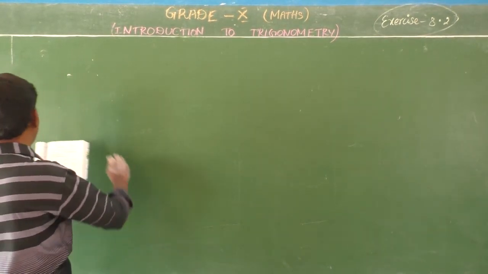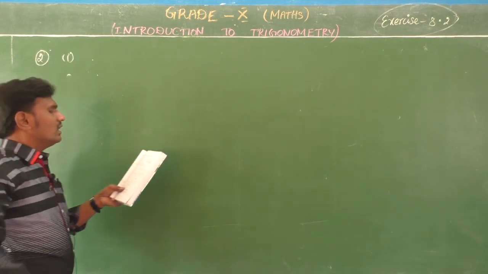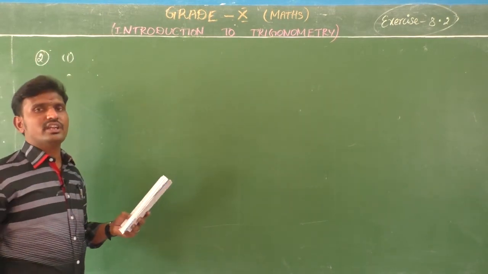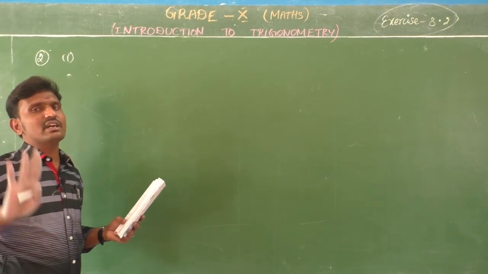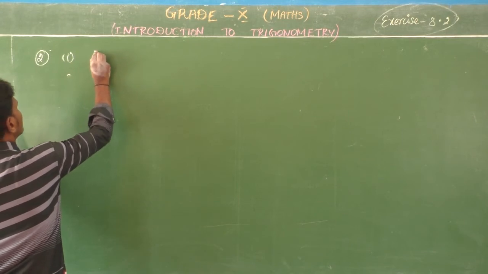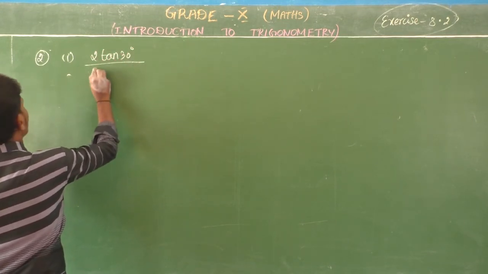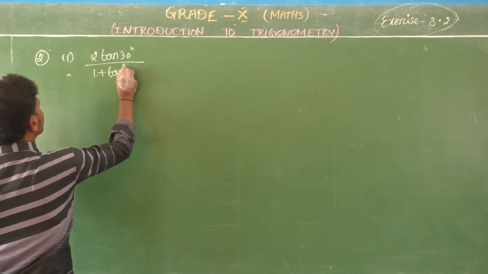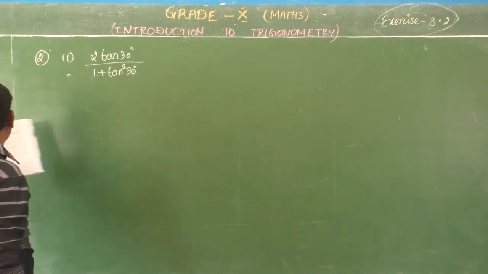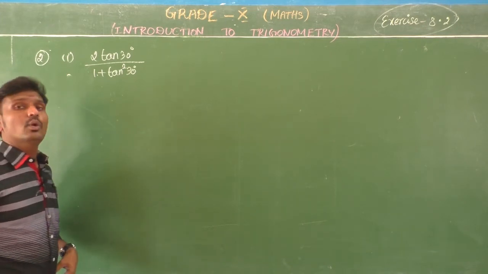Question number 2. In question number 2, the question is given, we have 4 options. From the 4 options, we are going to find which is the correct one. Now the first one is 2 tan 30 degrees, the whole divided by 1 plus tan square 30 degrees. Already you know the value of tan 30, what is tan 30 degrees? 1 by root 3.